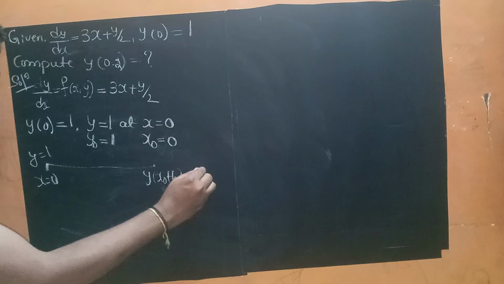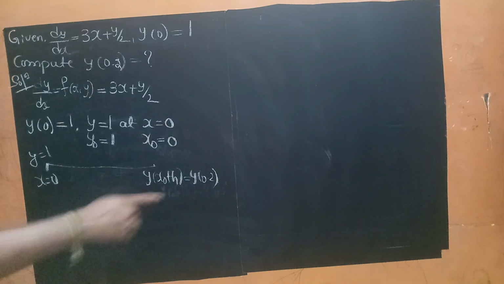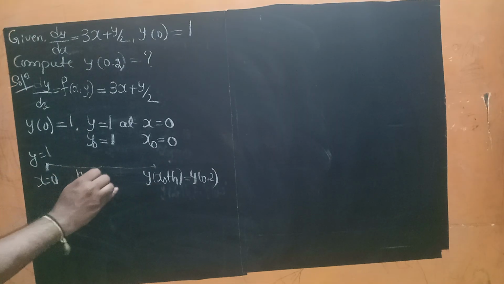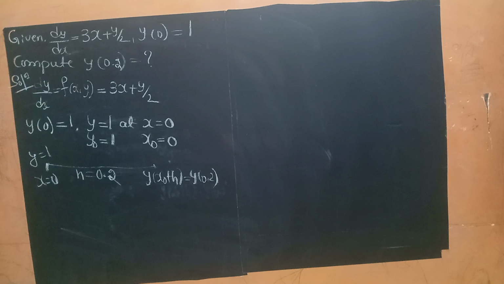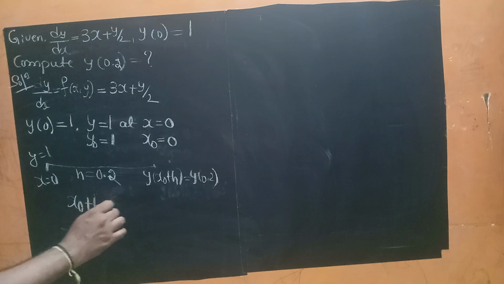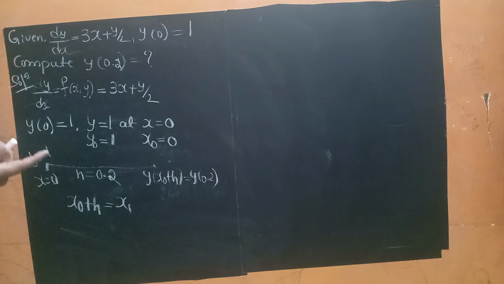So what is that? y of 0.2. So this 0.2 we have to find. Now what is the difference between 0 and 0.2? That is our h. So the h value is 0.2, the difference between these. Or you have x naught plus h equal to x1. The next value I am taking as x1.